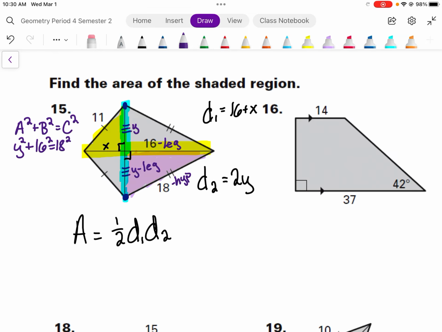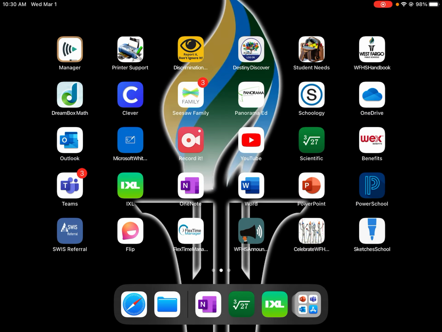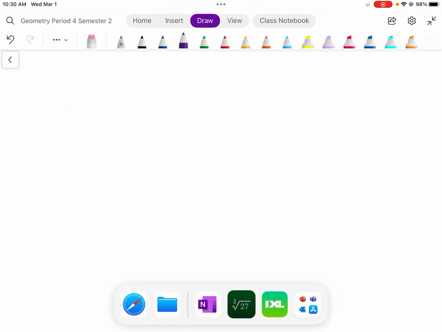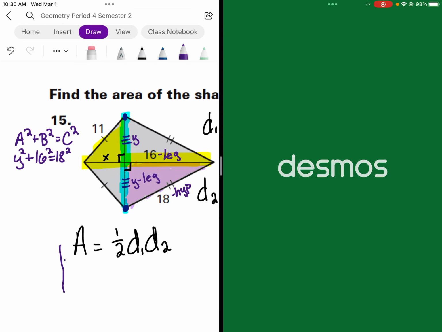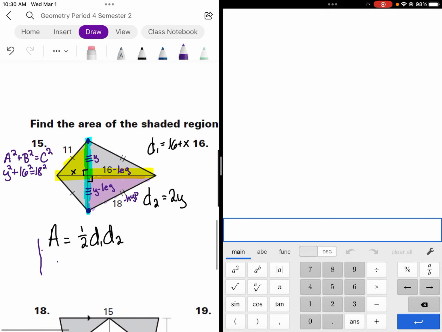So let me just pull up my calculator really quick so we can figure out what all of these equal. So 16 squared is going to be 256, and 18 squared is 324.